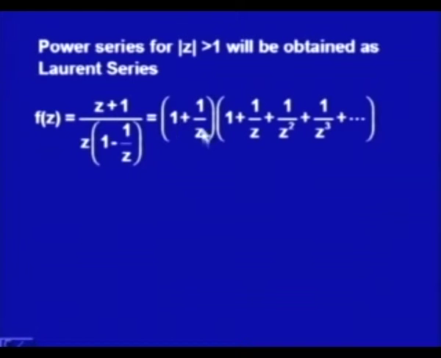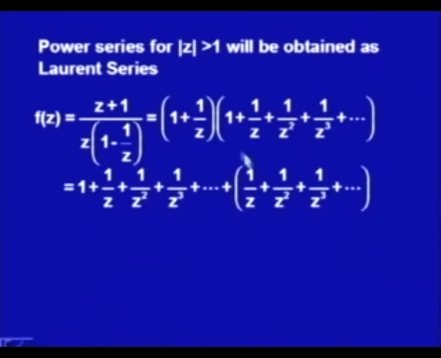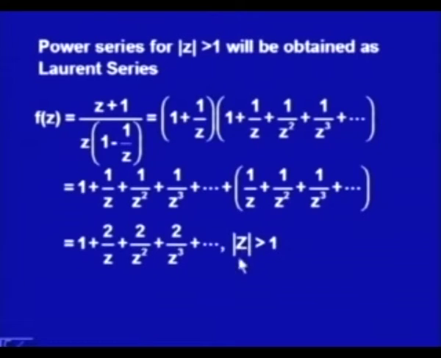So, it is 1 plus 1 upon z in the numerator, and the denominator is expanded as this, and what we have, f z, if you multiply these terms, will be simplifying to this series, and further simplification will give me 1 plus 2 upon z plus 2 upon z square plus 2 upon z cube and so on, modulus z is greater than 1.